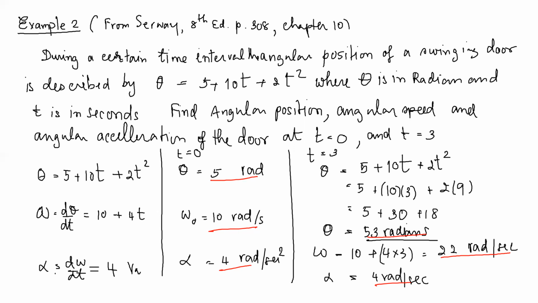It is 5 plus 30 plus 18, so it's 53 radians. The angular speed is 10 plus 4 times 3, which is 22 radians per second. And alpha is 4 radians per second squared. So this is another example, and I'm going to stop here today and we will start the quiz.